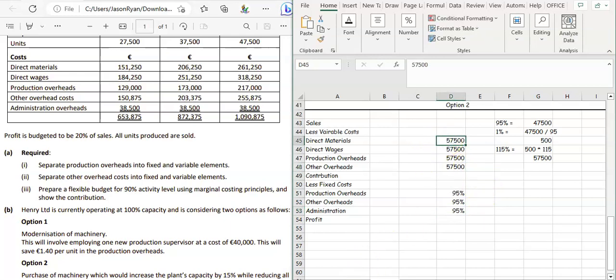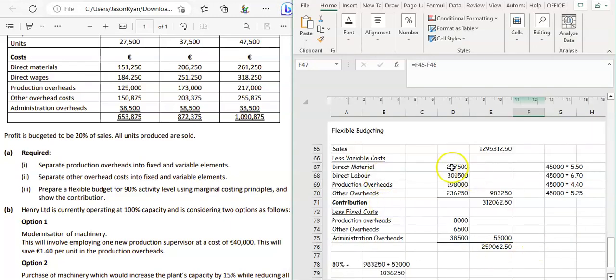So we're going to use the layout that we had for part A3. So we know direct materials, direct labour, production overheads, other overheads. We calculated those figures to be €5.50, €6.70, €4.40 and €5.25. Where did they come from? €4.40 came from part A1 when we separated the production overheads into fixed and variable elements.